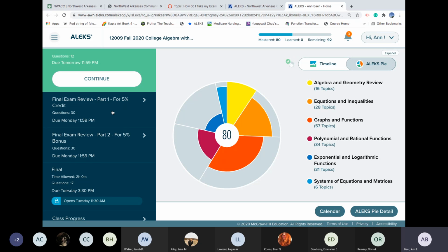So what I want to say is every question on the ALEKS only portion of the comprehensive final is going to come from one of these 2 assignments right here. And there's about an even split. About half of them come from this assignment and about half of them come from this assignment. So it's important to do both.